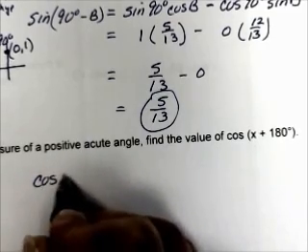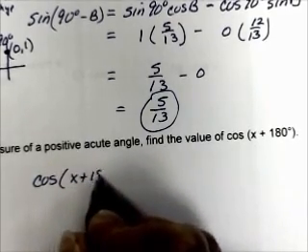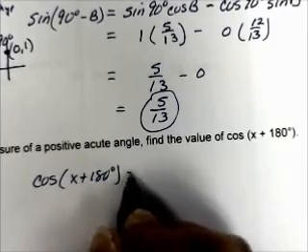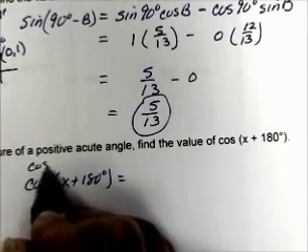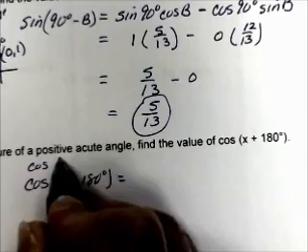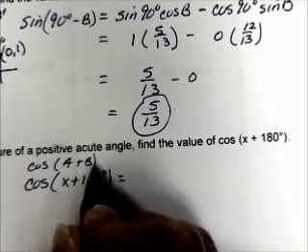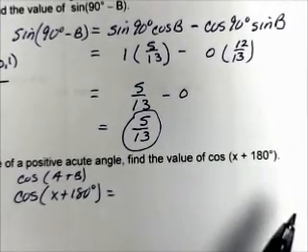Okay, so this is the cosine of x plus 180. This is the cosine of the sum of two angles, A plus B. So we look at our formula above.